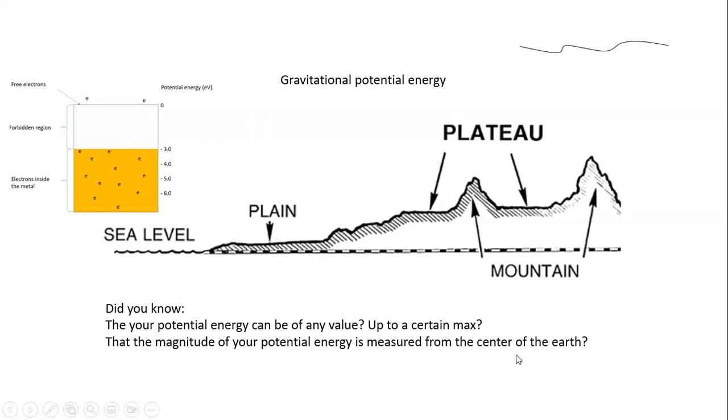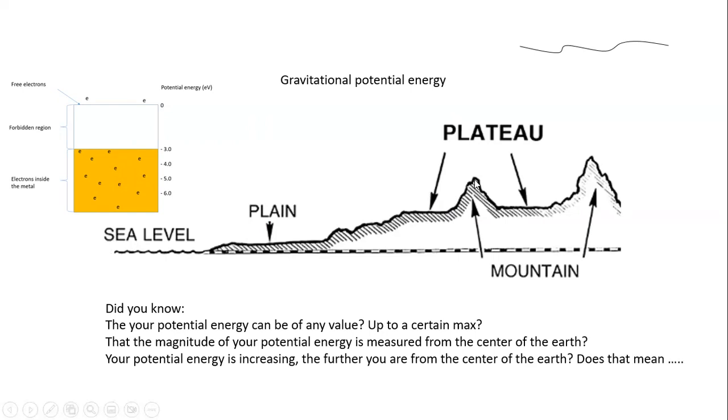In the case of gravitational potential energy, it is measured with reference to the center of the Earth. In the case of the electron, it is measured with reference to the nucleus. Let's consider that your gravitational potential energy is increasing: the higher you go, the more your potential energy increases. So does that mean your potential energy is approaching an infinite value?